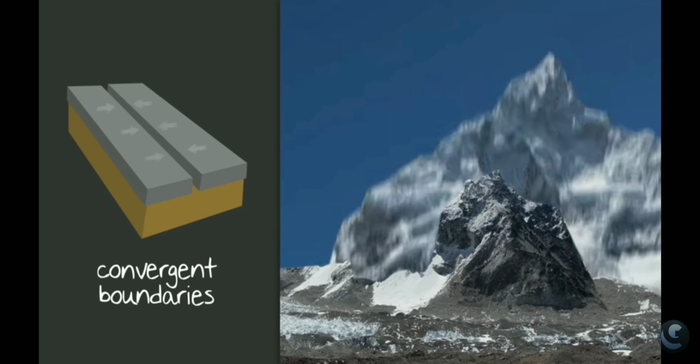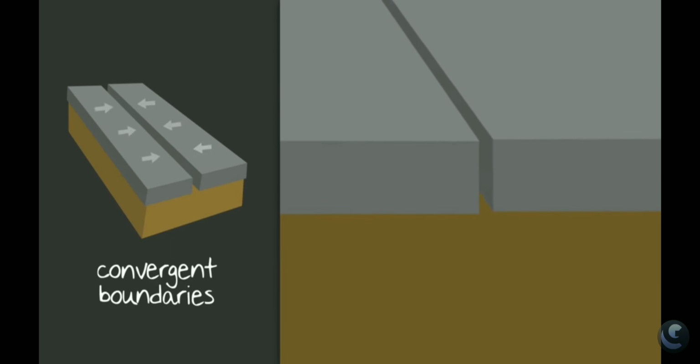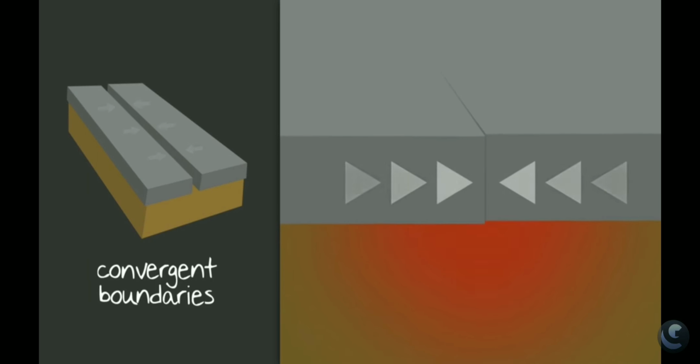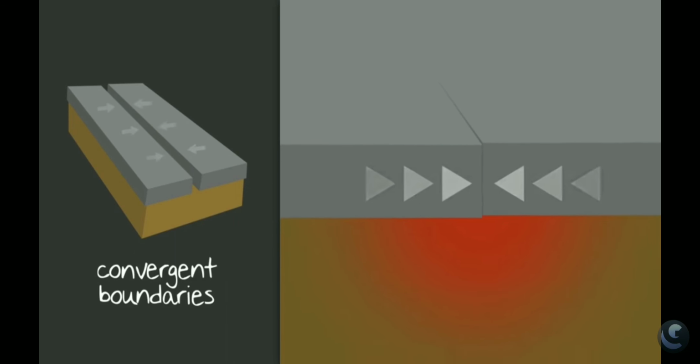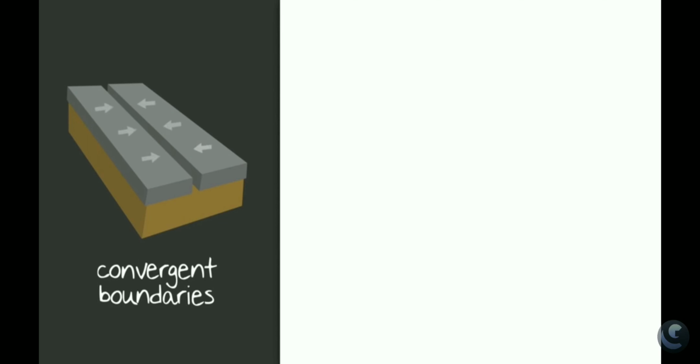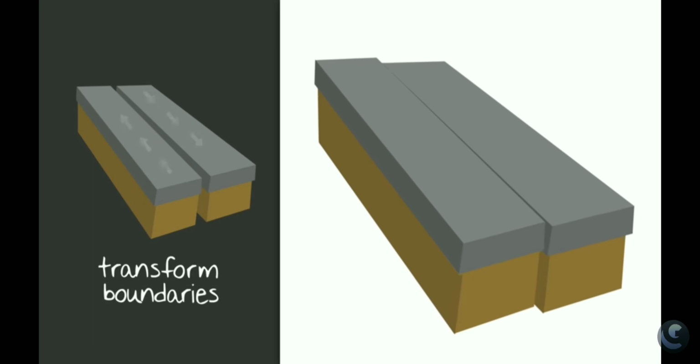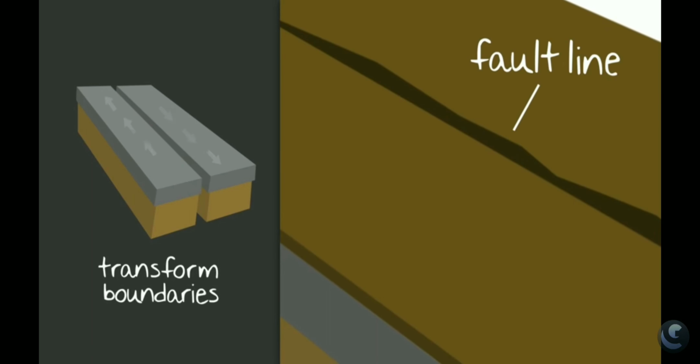But although movement at convergent boundaries is usually gradual, as pressure underground builds, the impact above ground can be quick and violent. Fast movement or slipping of the land can result in earthquakes either above ground or under the ocean. And convergent boundaries aren't the only type of boundary that can result in earthquakes. At transform boundaries, the Earth's plates are sliding past each other in opposite directions, which creates a crack or fault in the Earth's crust.